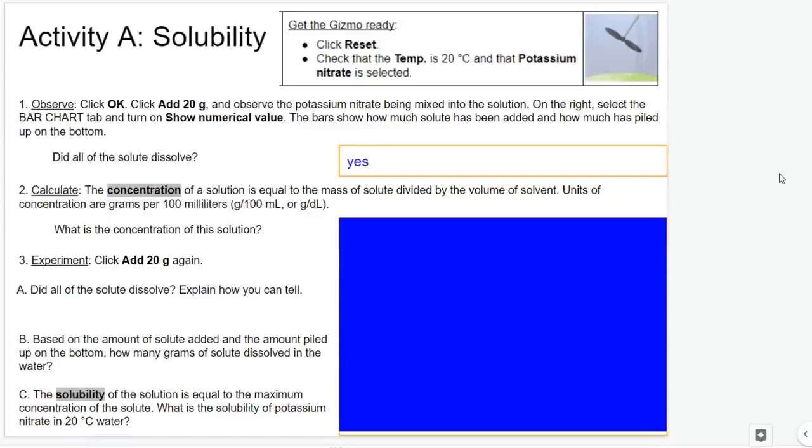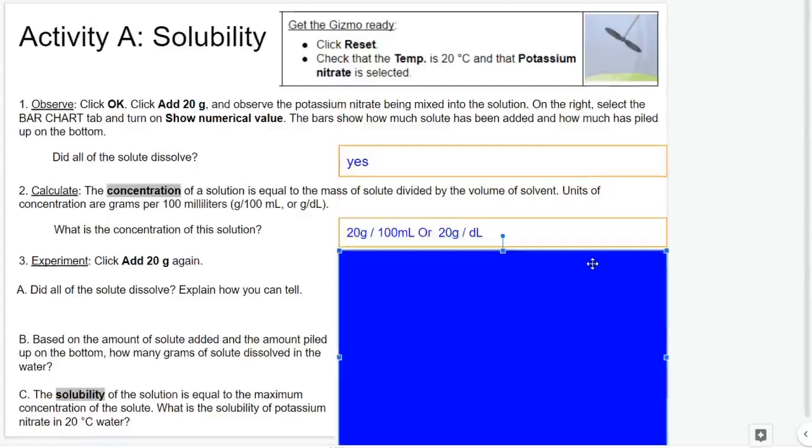So what's the concentration of this solution? Well, all 20 grams dissolved. And if we look at the beaker, it does say 100 milliliters of water. So we simply write it as 20 grams divided by 100 milliliters, or as 20 grams per deciliter.